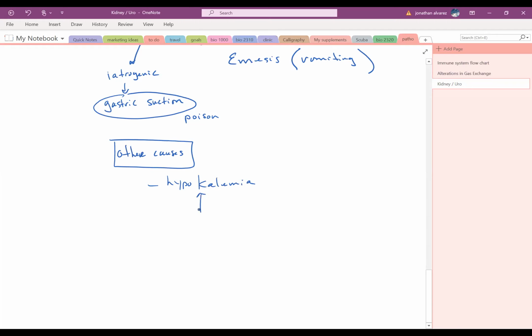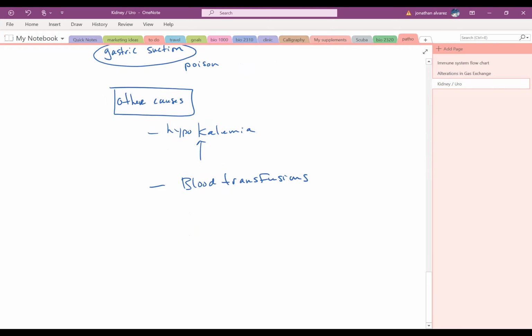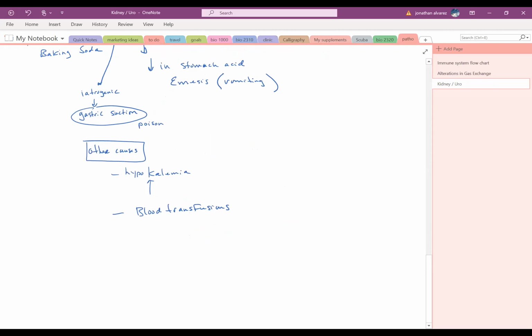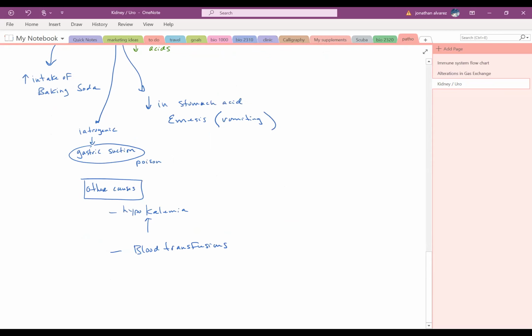Okay. Don't forget the K there is potassium. Okay, another one would be blood transfusions.